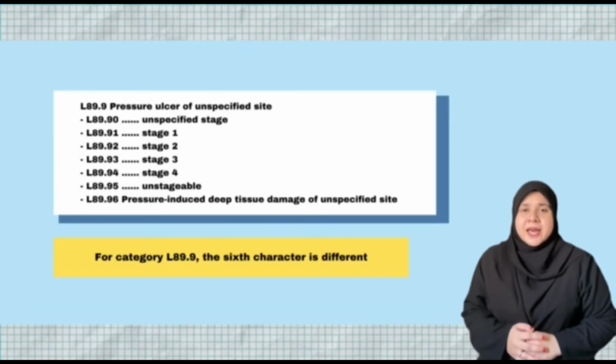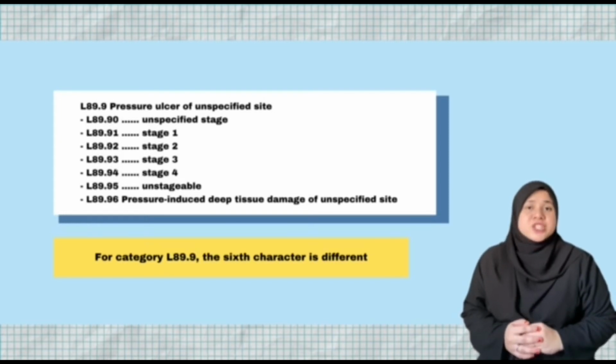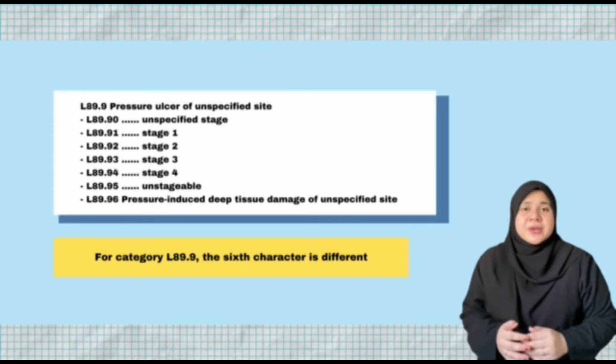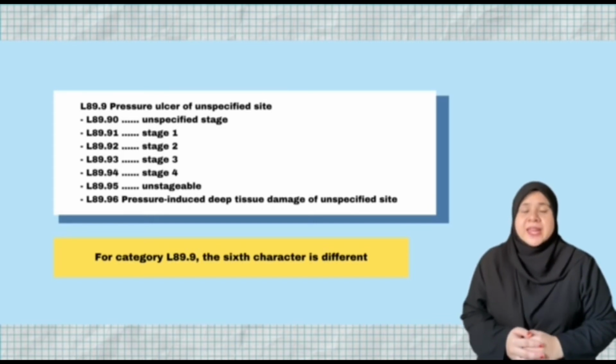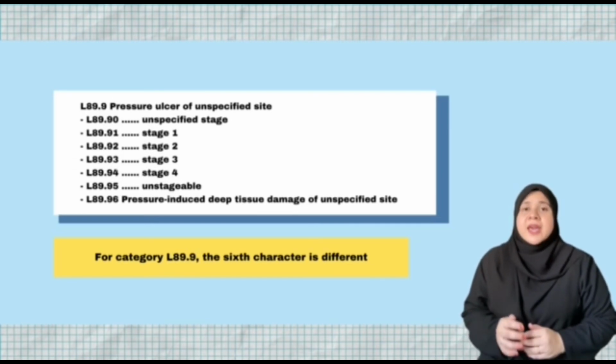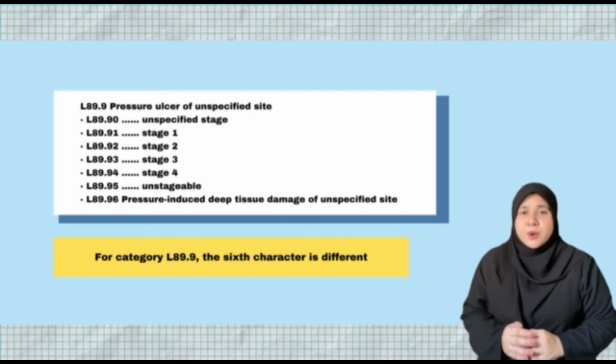Next, for category L89.9, pressure ulcers of unspecified site, a different sixth character is used to describe the stage of the pressure ulcer. As you can see, for the unspecified and unstageable pressure ulcer stage, the sixth character differs from the previous section. Hence, the coder must always refer to the tabular list when assigning the correct code for the pressure ulcer.